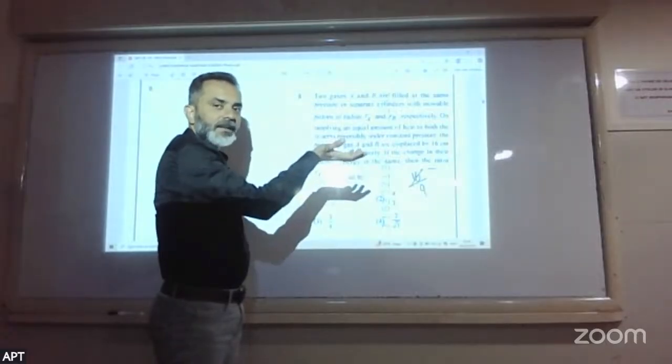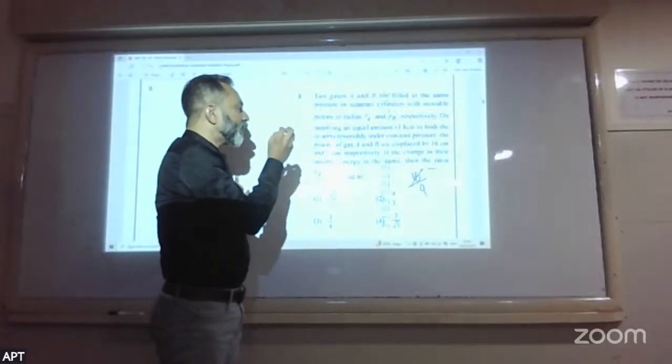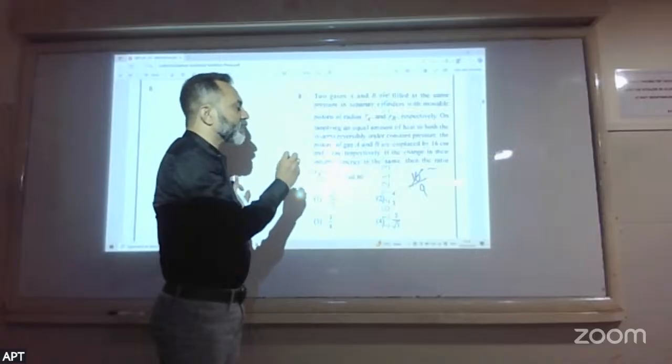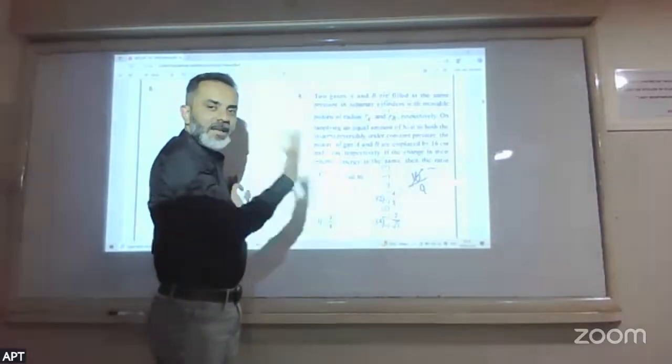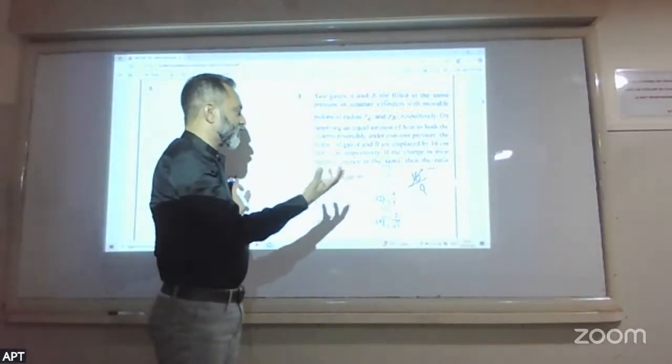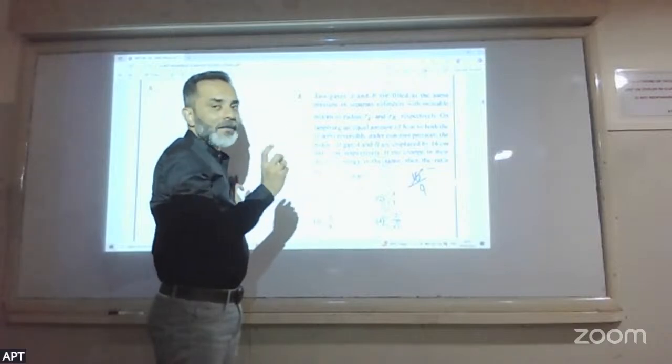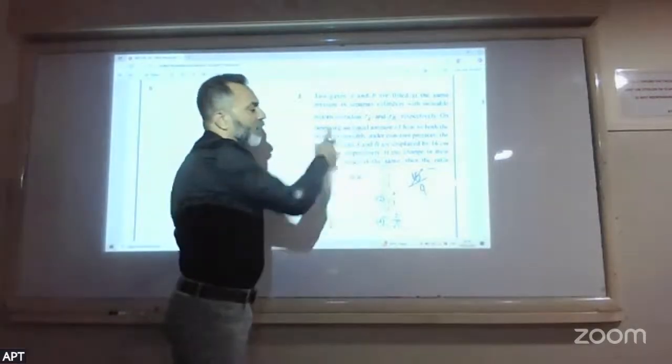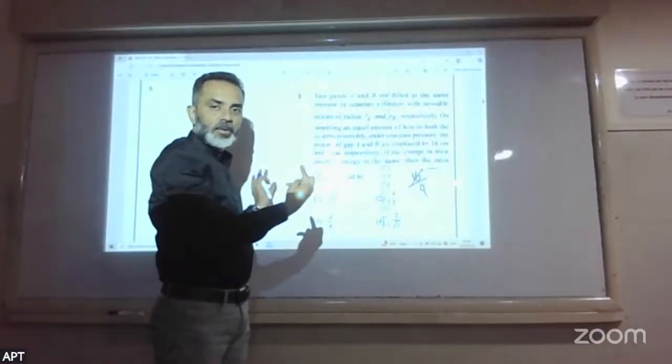There will be an increase in volume. If the change in their internal energy is the same, what do you mean by that? The amount of increase in temperature is the same. Then the ratio of Ra by Rb. What are Ra and Rb? The different radii of the two pistons.